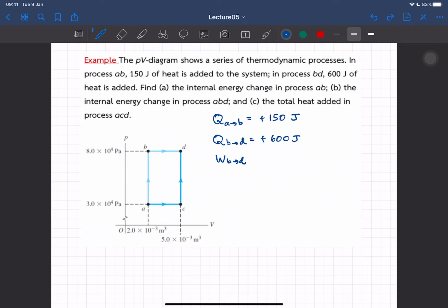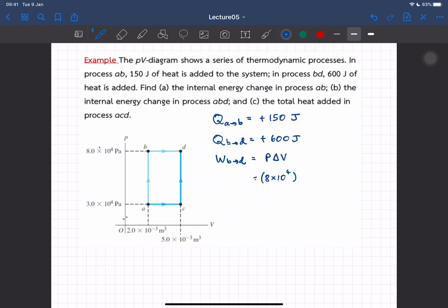So what's the work done from B to D? Well, that's just the area under the curve, so it's going to be the shaded area here, right? So that's going to be the work done. And that's rather easy to calculate, right? Because it's just base times height. And the base is just, well, let's write it as P times delta V. So that's going to be the pressure, which is 8 times 10 to the 4 pascals.